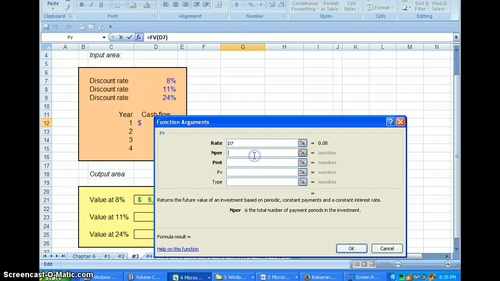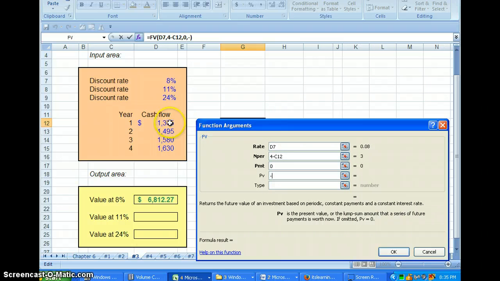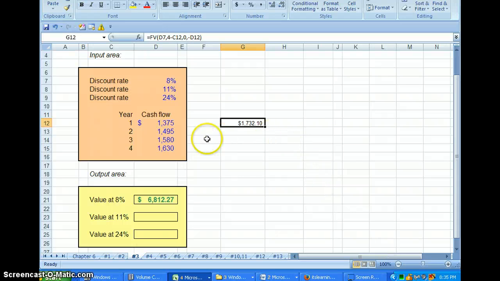Number of periods is 4. 4 minus 1. Payments 0. Negative 1375. That's that. Next one.